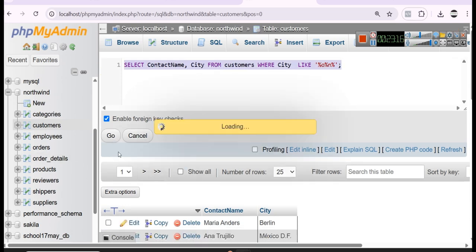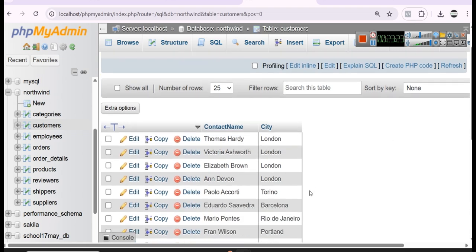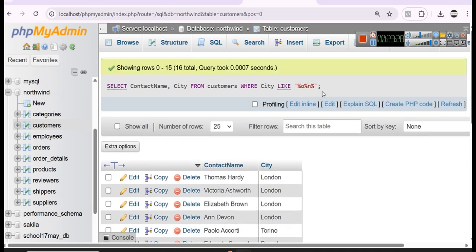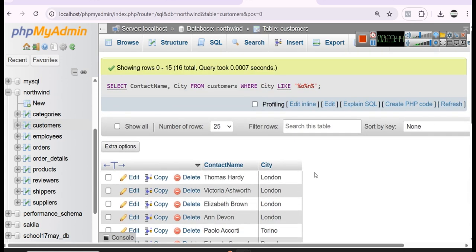Let's check. So there is London. So it contains O at some place and N at some place. Torino. So it means that it has O and N in its name somewhere. Rio de Janeiro. So O is here, N is here. Portland. O is here, N is here. But there can be N number of characters between them or zero characters between them.